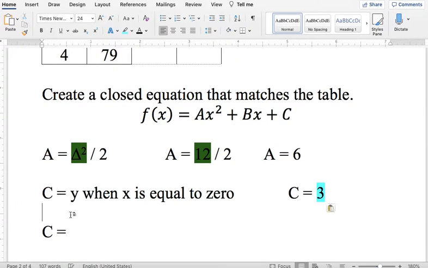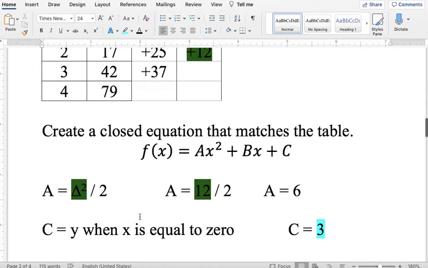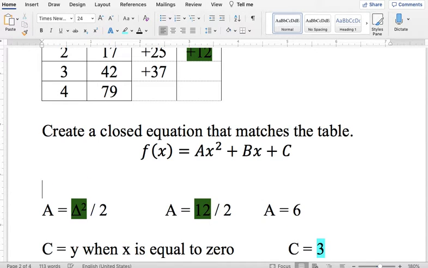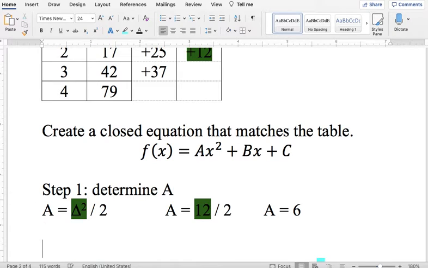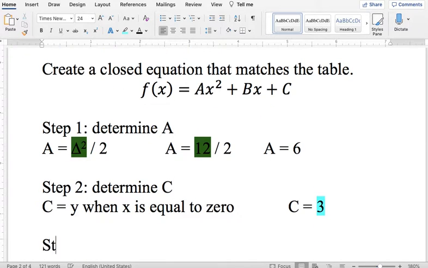First I found my a, then I found my c. So this would be step 1 and step 2. Now, step 3, let's determine our b.